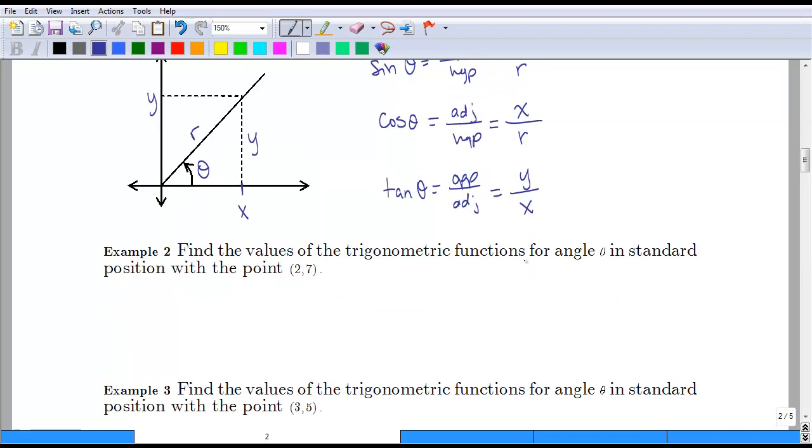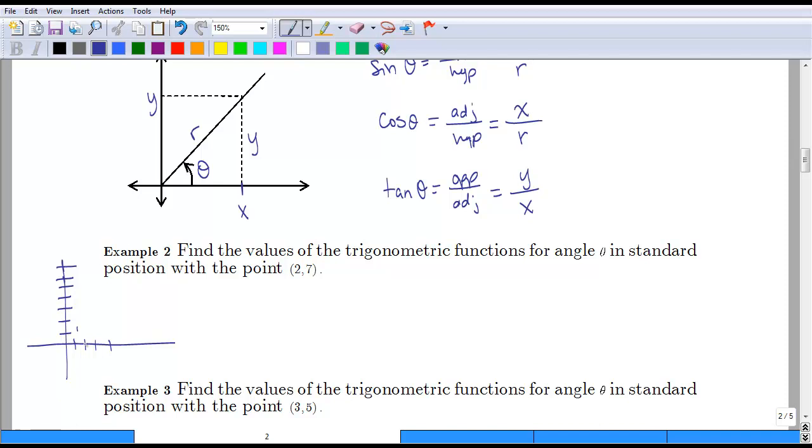Now let's see if we can do a few examples with this. We want to find the values of the trig functions for an angle theta in standard position with the point (2, 7). So the first thing we want to do is draw our angle. So we'll draw our grid, and again, we'll label our axes.